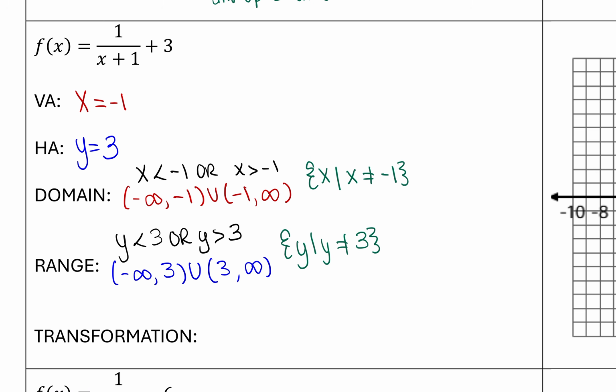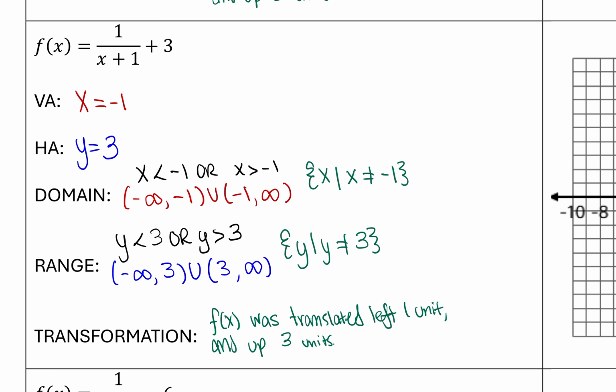And for the transformation, we're going to write down that f of x was translated left 1 unit, comma, and up 3 units.